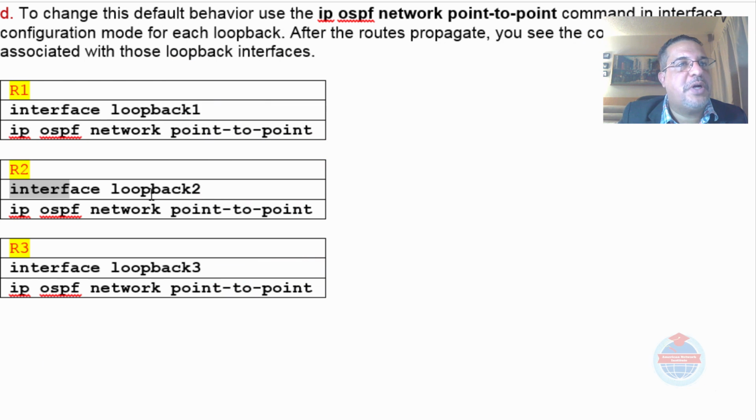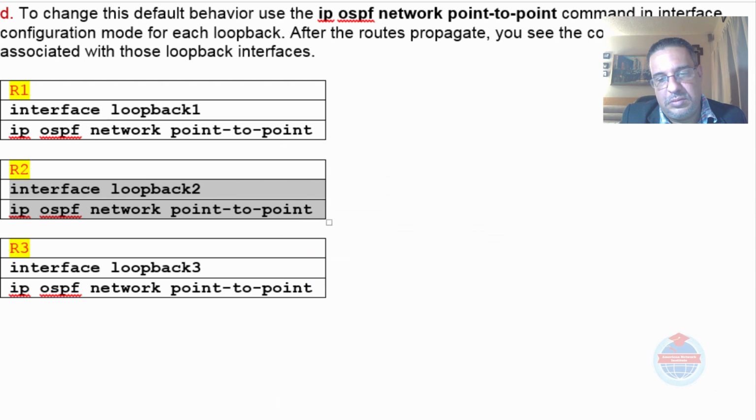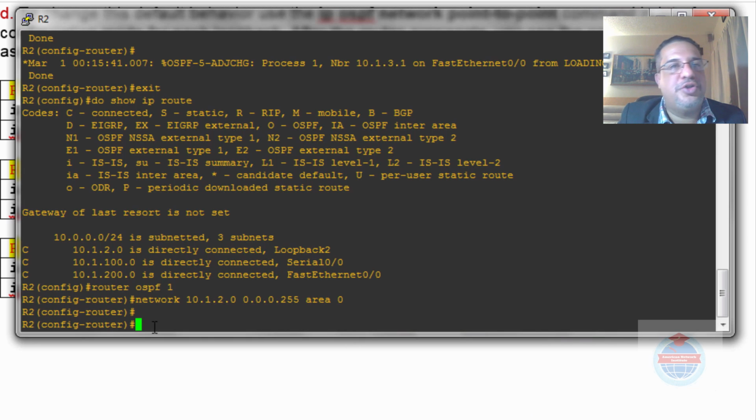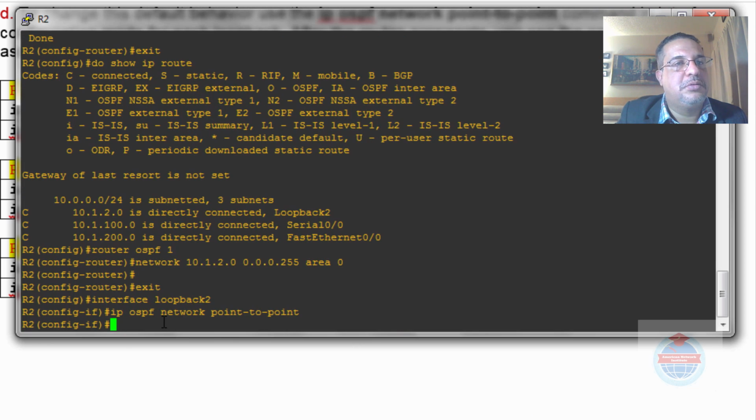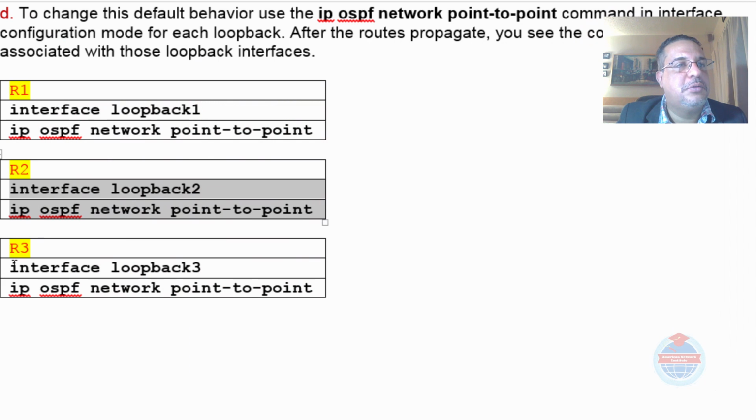We did router 1, loopback 1. Now let's start jumping on router 2. And let's finish this stuff on router 3.